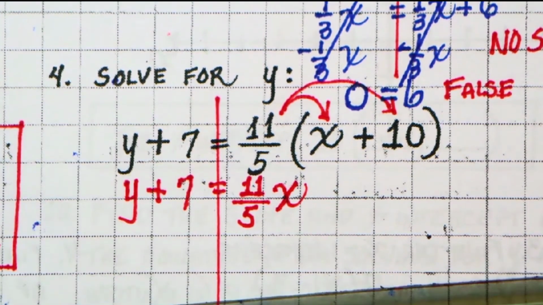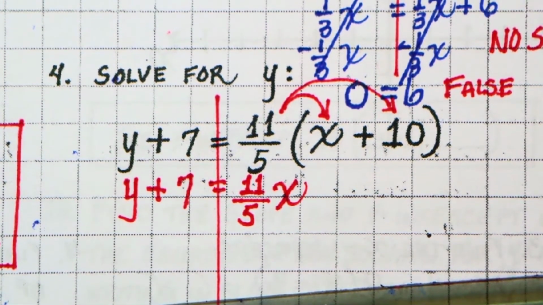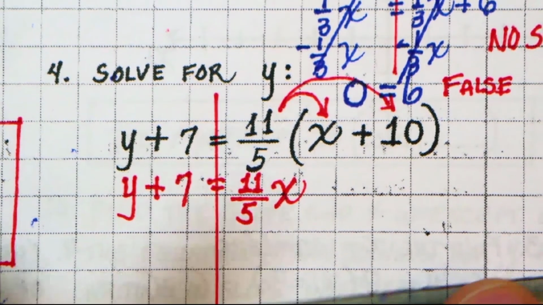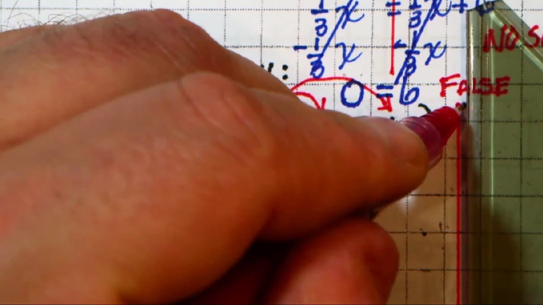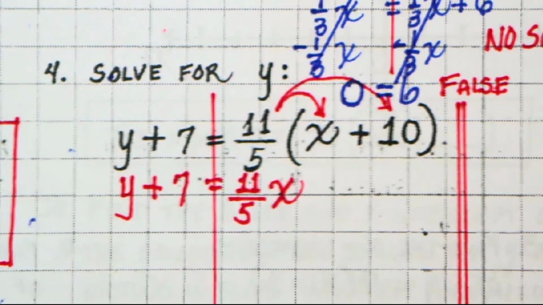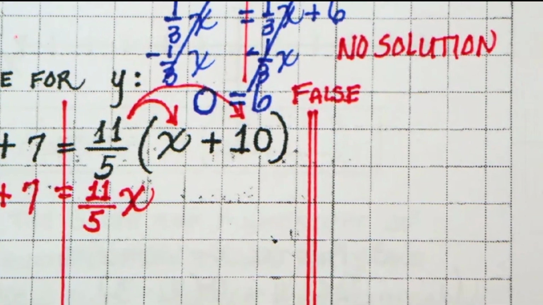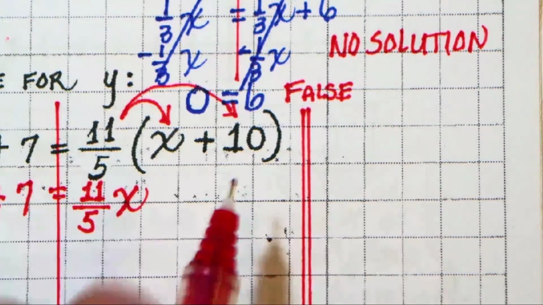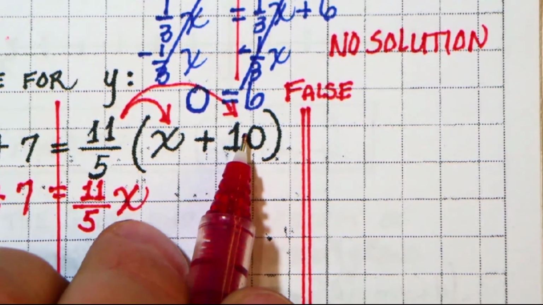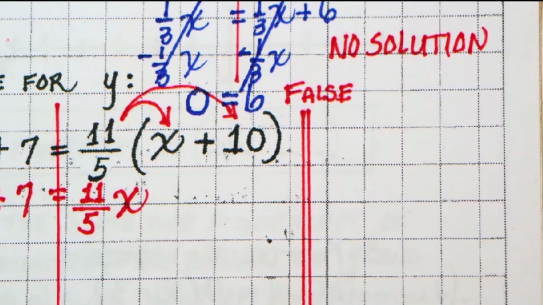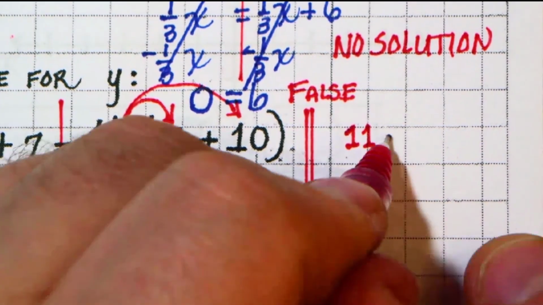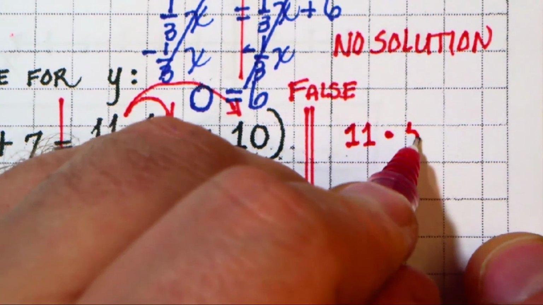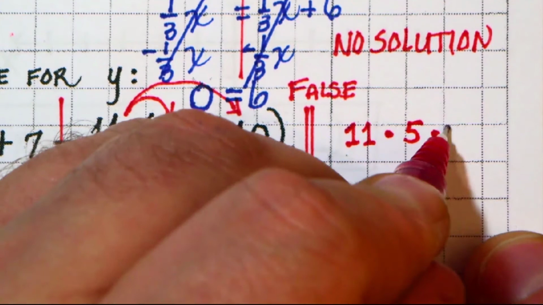Now we got to think about this for a minute. I tell you what I do in my head. I'm going to make a side work here, okay? Here's what I'm doing in my head. I'm thinking 10 is really just 5 times 2, okay? So over here in side work, I'm going to say 11 times 5 times 2.